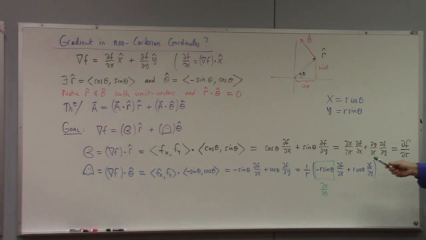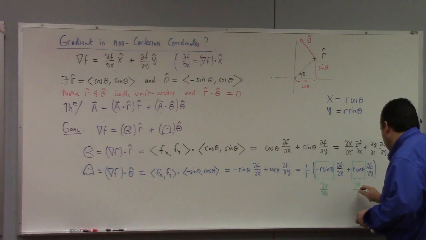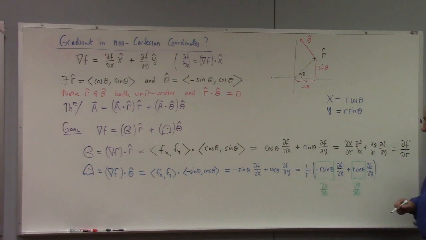So this is literally partial x, partial theta. And this over here is, in fact, partial y, partial theta, right? And so what is in the big parentheses? What do we got? Yeah, it's 1 over r times partial f, partial theta.